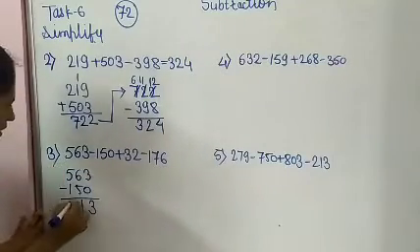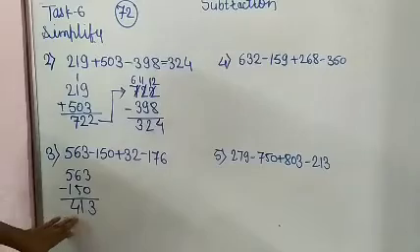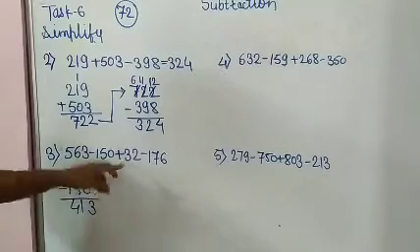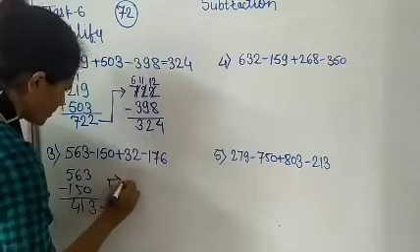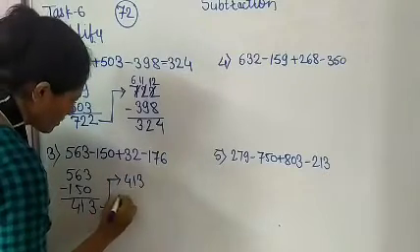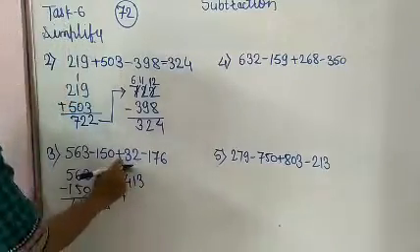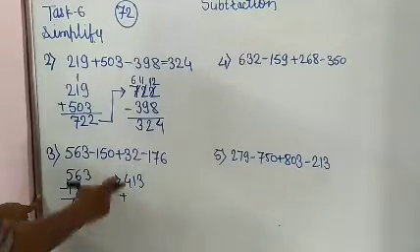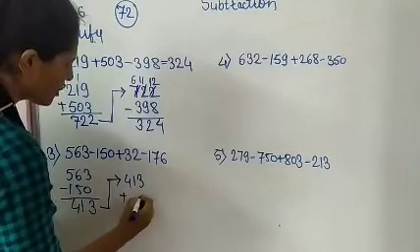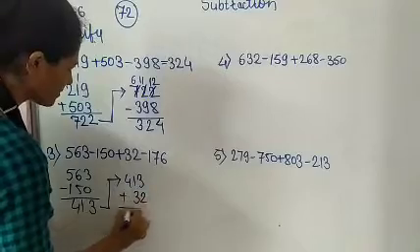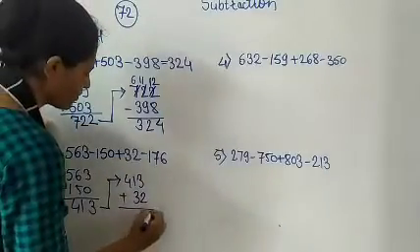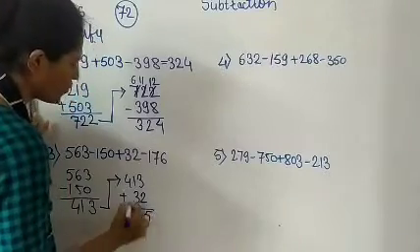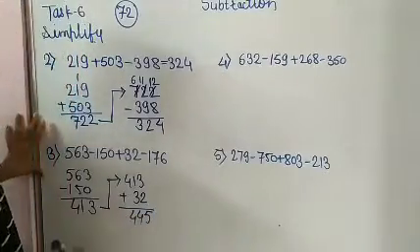And 5 minus 1, 4. Now it will go up and in this we will add this 32. Plus 32. Now this one you have to write properly. Why? Because this is a 2-digit number. Start from ones place. So 3 plus 2, 5. 1 plus 3, 4. And 4 write as it is.